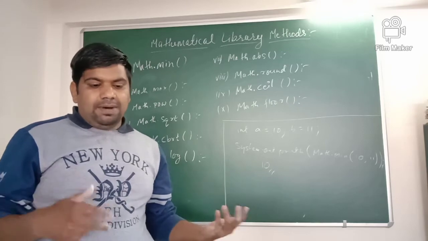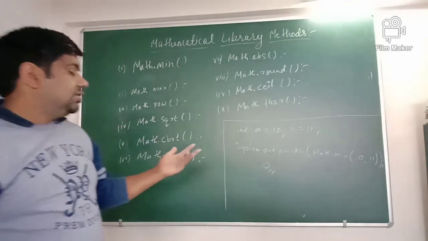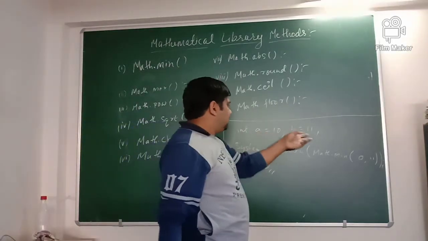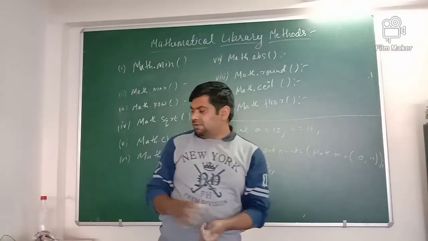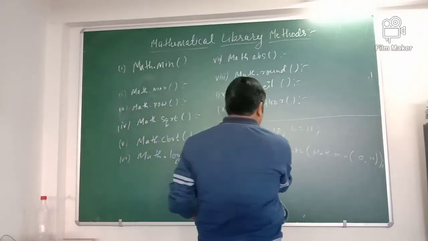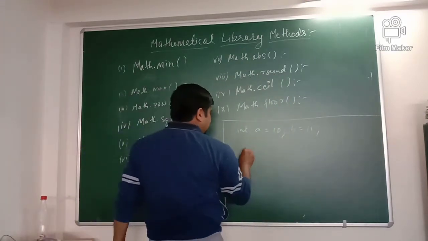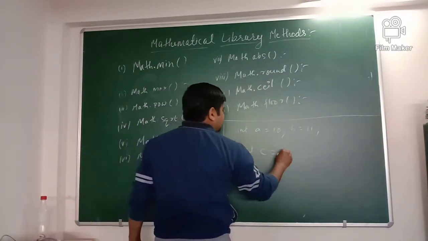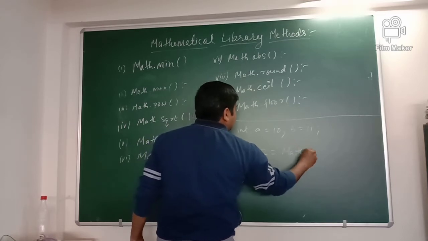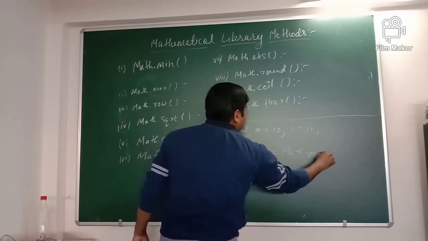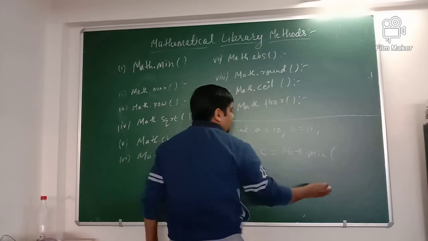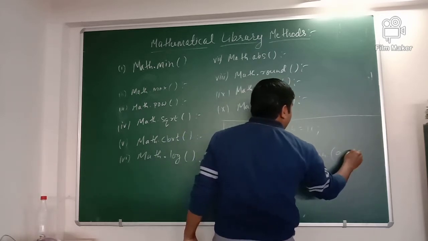If both of them are decimal numbers, the output will come in the form of a decimal. Another way to define it is to use a third variable: int c equals Math.min of a comma b.